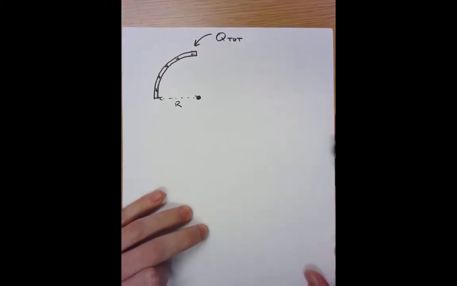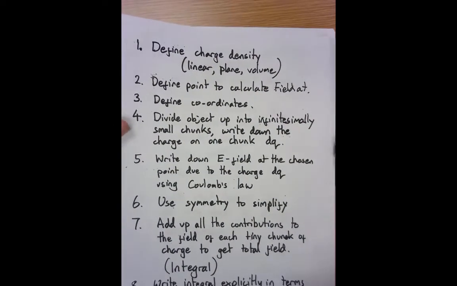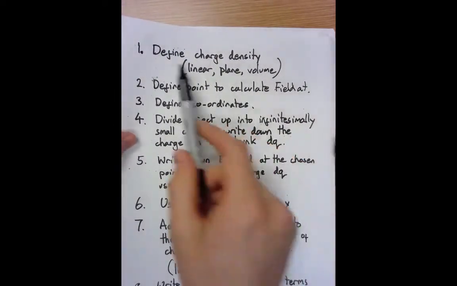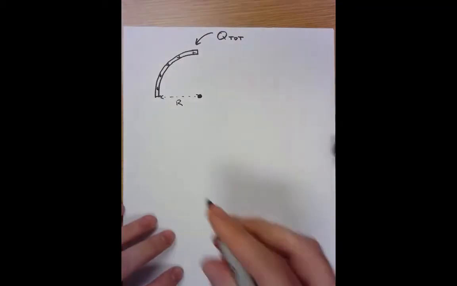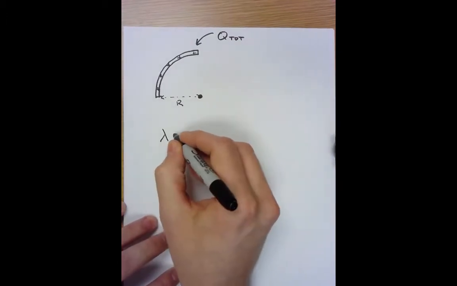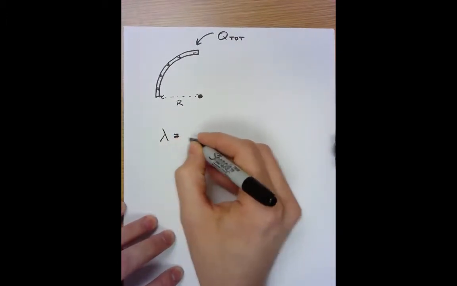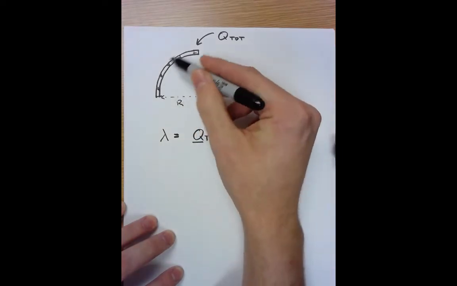Okay, so let's go through the procedure that I outlined. So firstly, define the charge density, right? What is the charge density here? Well, it's a line charge, so my charge density lambda is going to be the charge per unit length, which is total charge over the length of this wire.